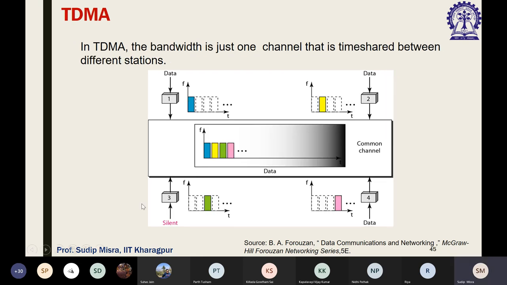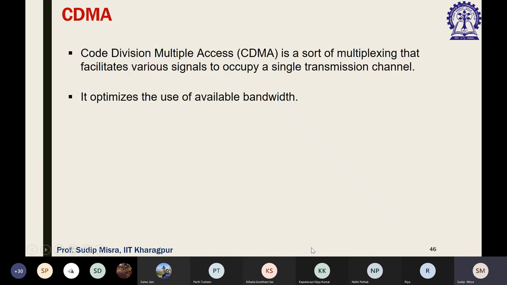TDMA likewise gives predefined time slots to the different stations, right? These time slots are shown over here, color coded. And CDMA, which we have not covered and do not cover in detail, uses the code division multiplexing which I mentioned today.